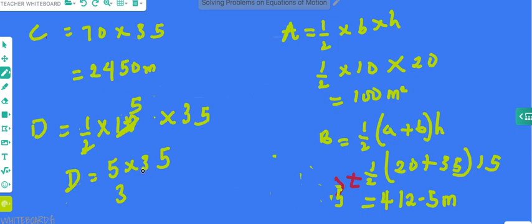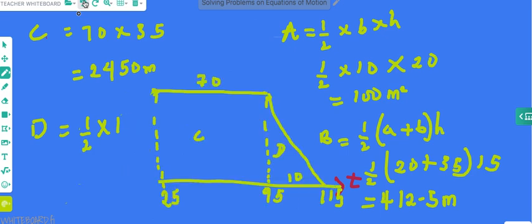Beg your pardon, this is supposed to be 20. The base here is supposed to be 20.